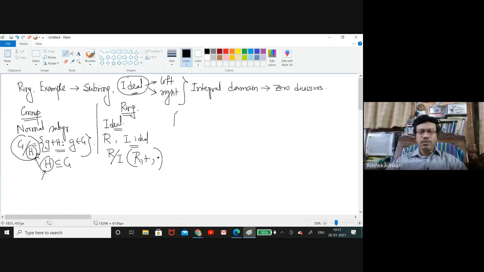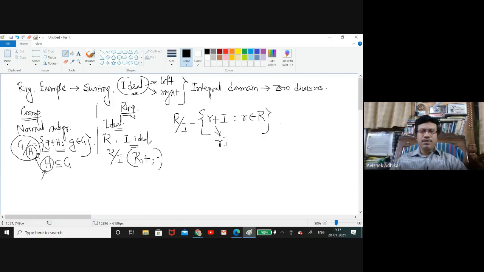I am now trying to construct R quotient I. The elements look like this, r plus I, such that r belongs to R. Or I can write it with respect to multiplication. So it's basically R quotient I. It depends, I could have two different types of things. Either it could be written in terms of r plus I, or maybe of this form r times I.